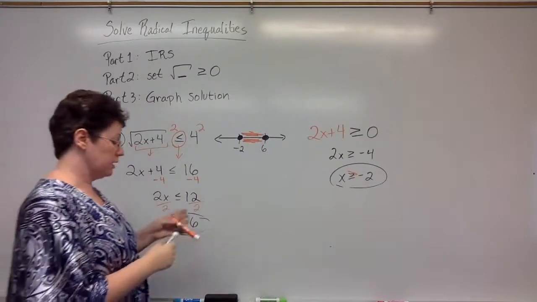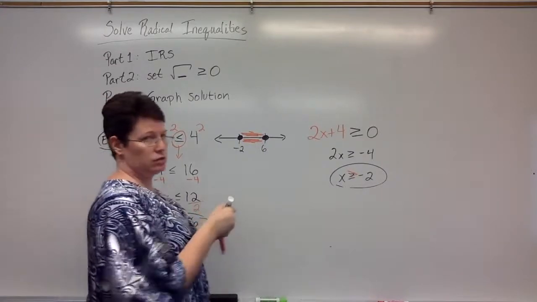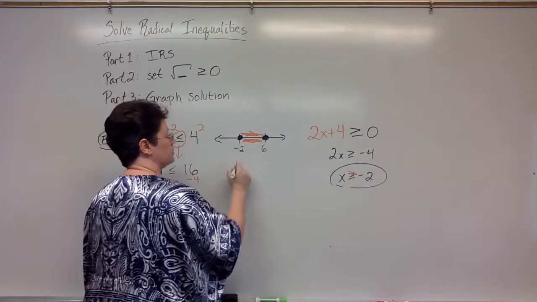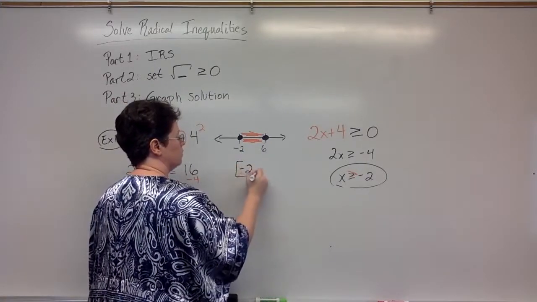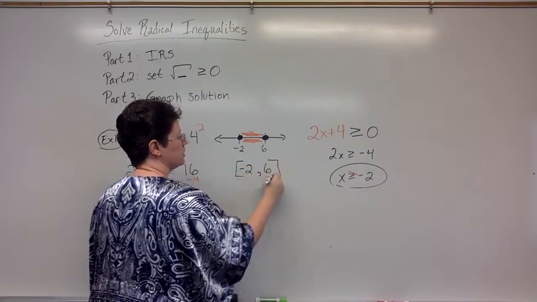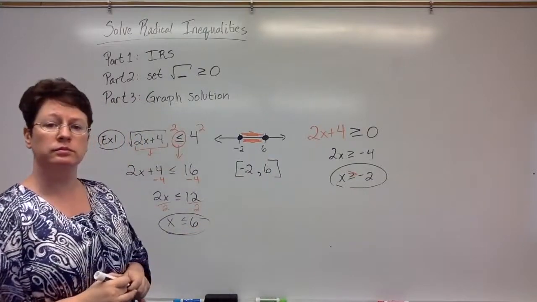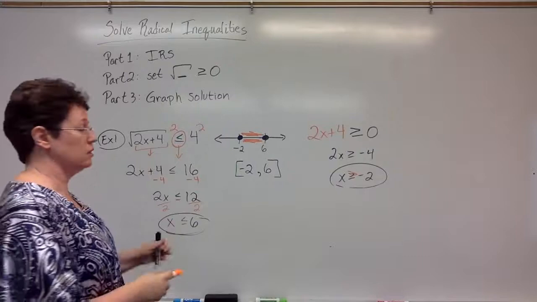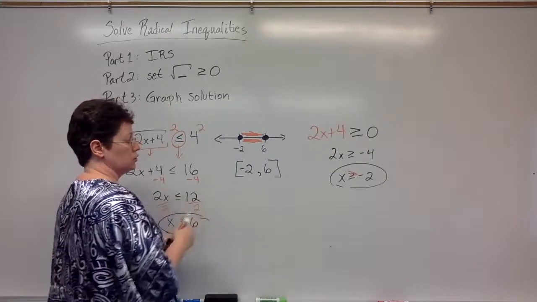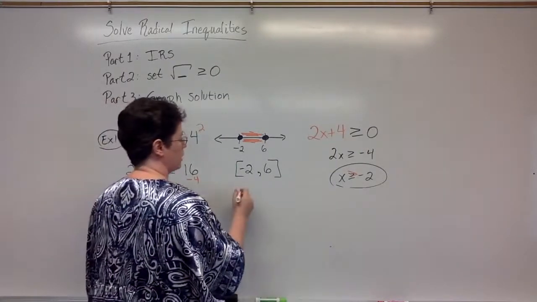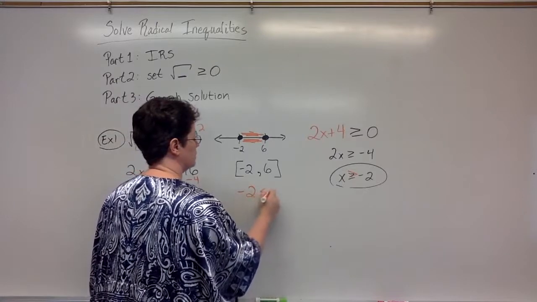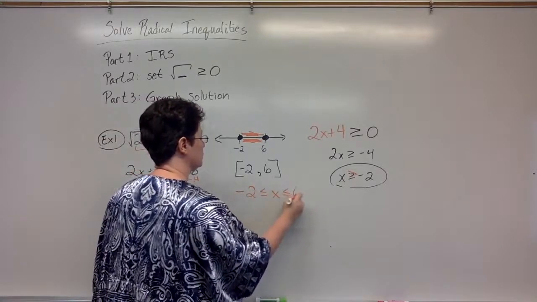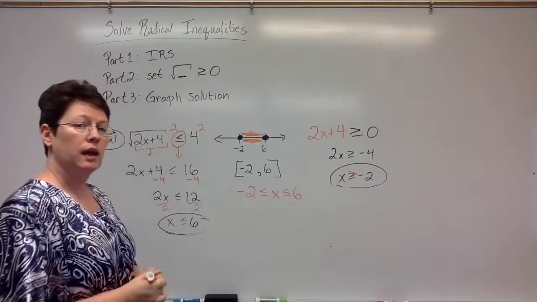If I were to write this in interval notation, I would write this as negative 2, comma, 6 with square brackets. Technically, this interval notation is the solution, or I could write this as negative 2 less than or equal to x less than or equal to 6 and combine it that way as well.